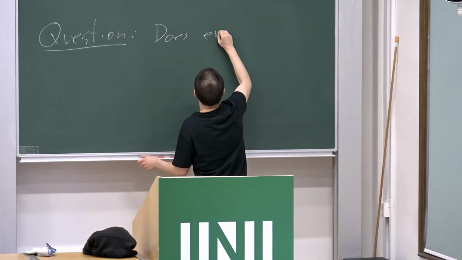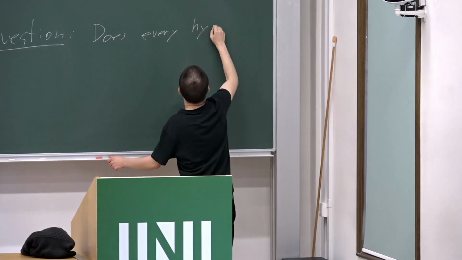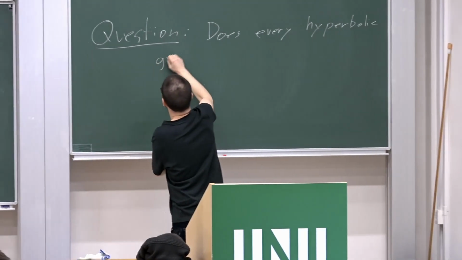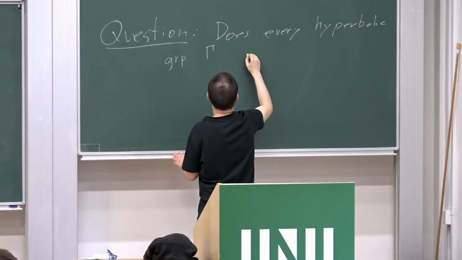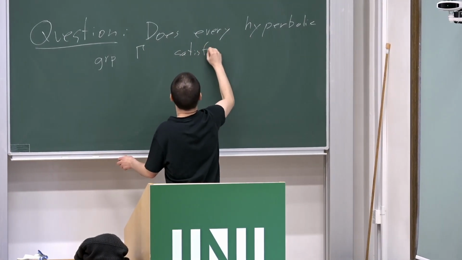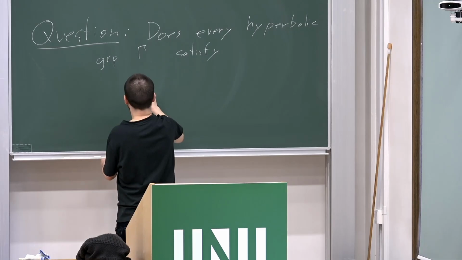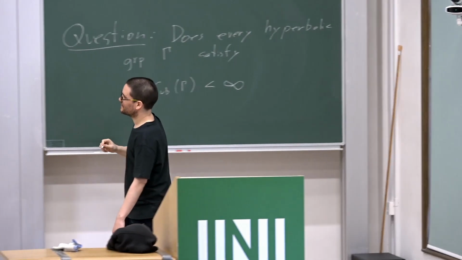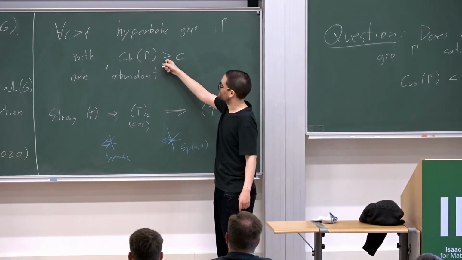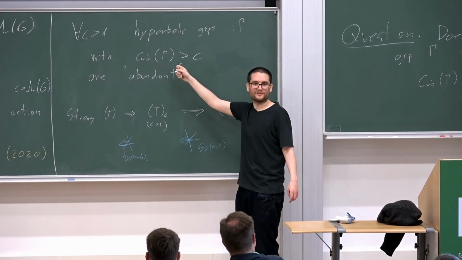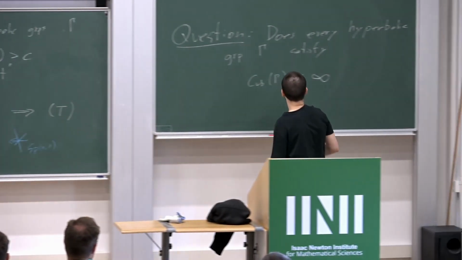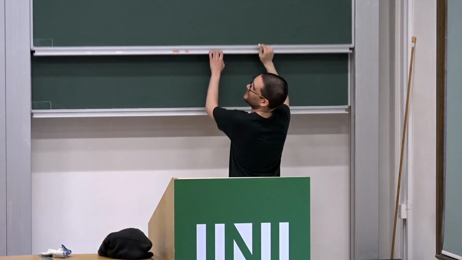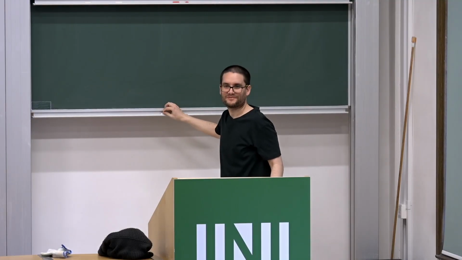Does every hyperbolic group gamma satisfy CUB of gamma finite? This only tells us that the constant is big enough, but it could be infinite, right? So this is the question. And with that question, I finish my talk. Thank you.